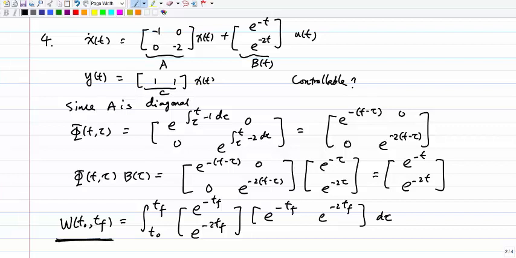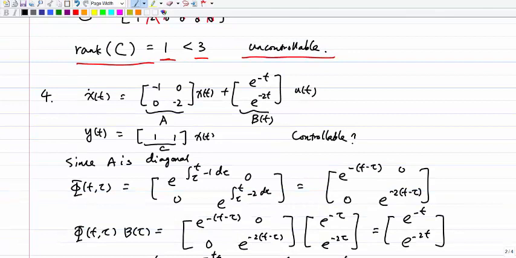The first step is to compute the transition matrix. Because this is a diagonal one, the transition matrix is just computed by the exponential of each diagonal entry integrated from tau to t over d tau. That's what we have.